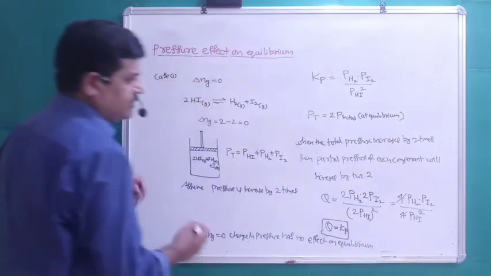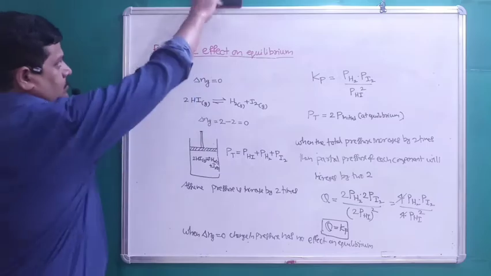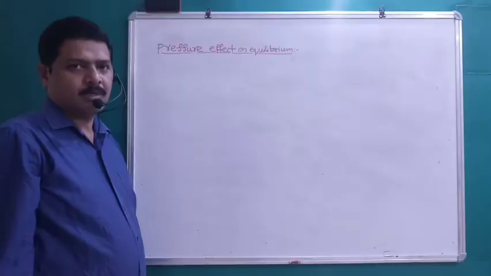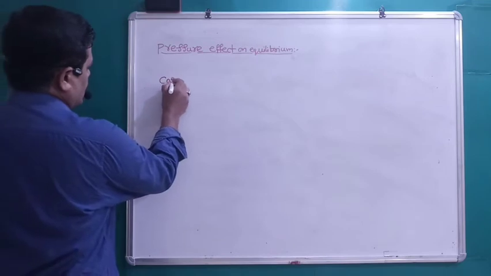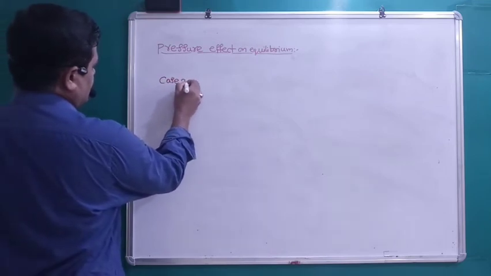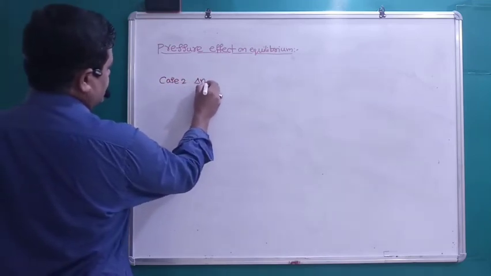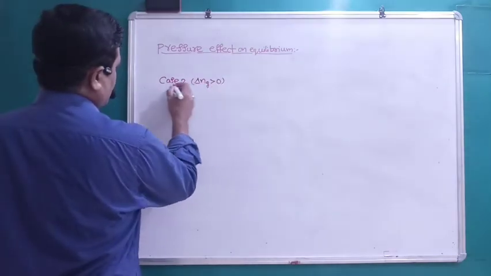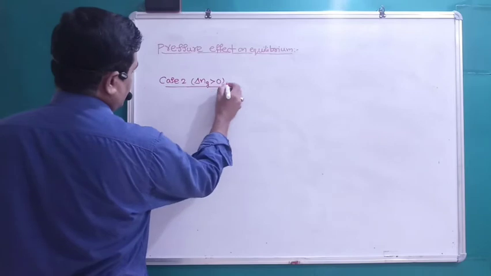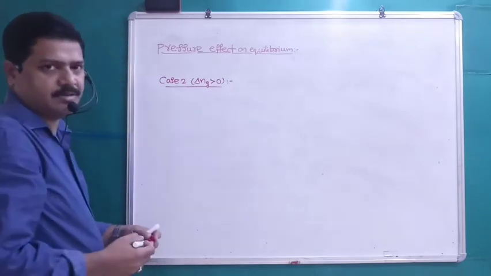Let us consider the second case. Case 2 is delta Ng greater than 0.